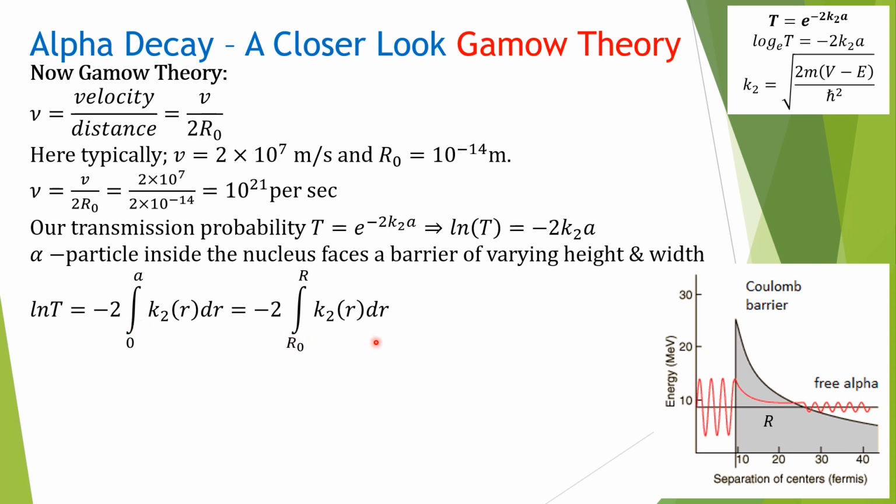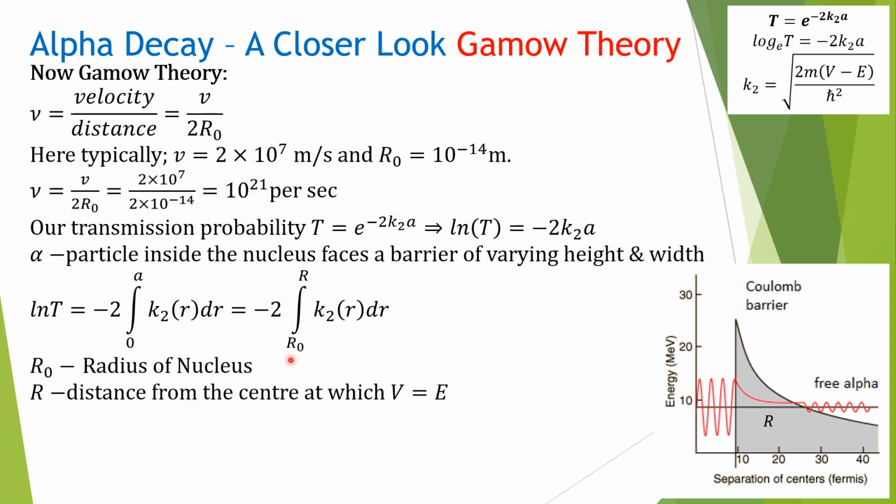Now we have to work out this integration k2(r) dr over the limits r0 to R, where r0 is the radius of the nucleus and R is the distance from the center at which V is equal to E. Here you can see that this is the level of energy, 8 mega electron volts, and for this we are considering R as the distance from the center at which V is equal to E. The variable r equal to capital R is at potential energy equal to kinetic energy.